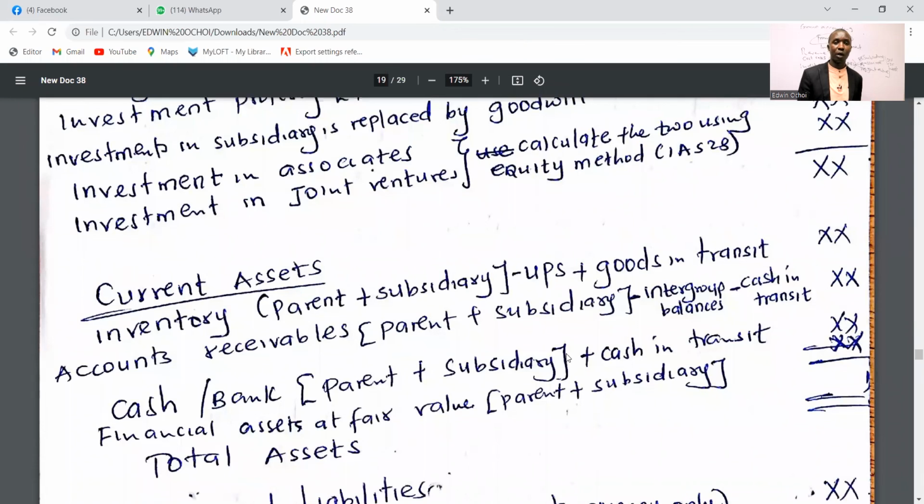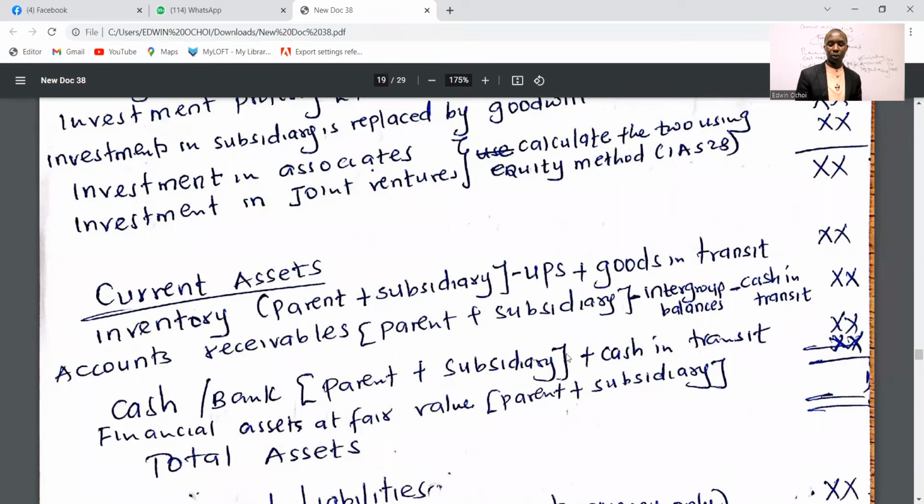For the accounts receivable, I even explained some few minutes ago. After taking parent plus subsidiary, you minus intergroup balances. It means that it's credited. Other than crediting under receivables, that intergroup balance is again adjusted in the trade payables. So intergroup receivables, that is accounts receivable, you minus, after taking the parent plus subsidiary, you minus intergroup balances.